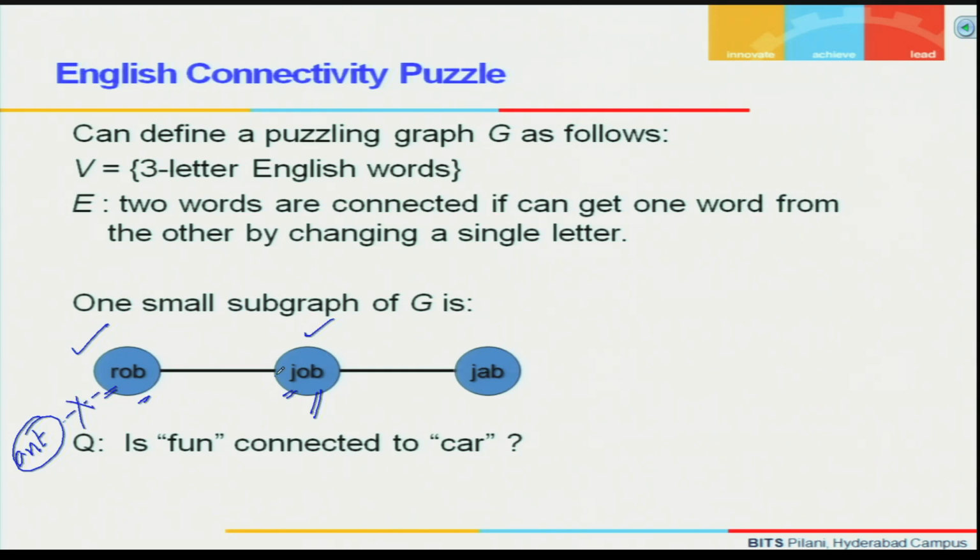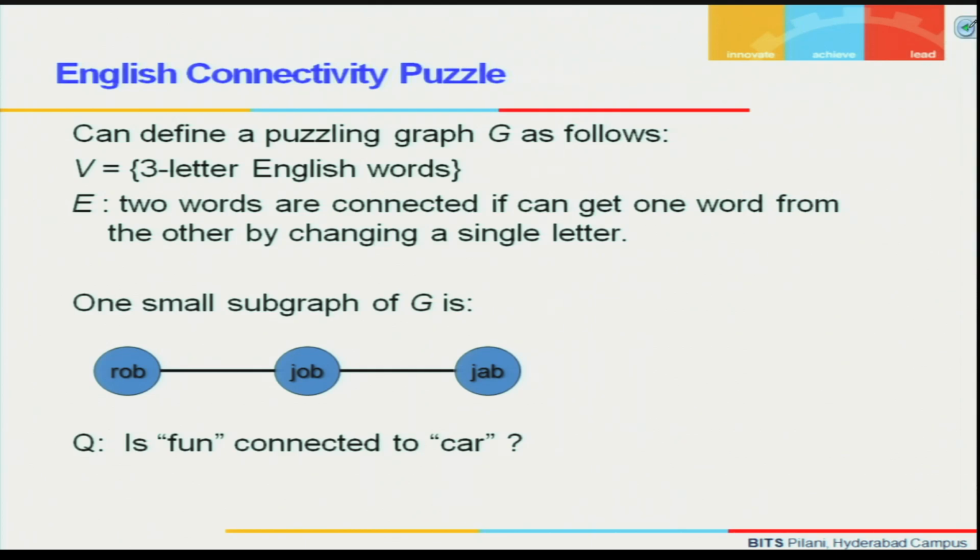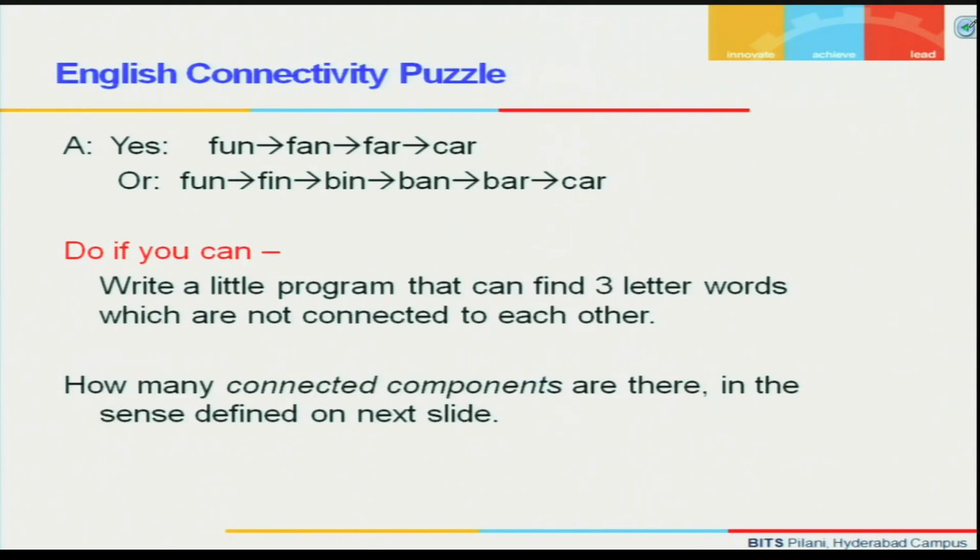Whereas between Rob and Job, you will have an edge, and from Job and Jab you will have another edge. If I ask this question, is fun connected to car in that particular graph? Now you have a graph and you know where to put an edge and where not to. In the resultant graph, I am asking, is fun connected to car? Yes, there will be several paths.